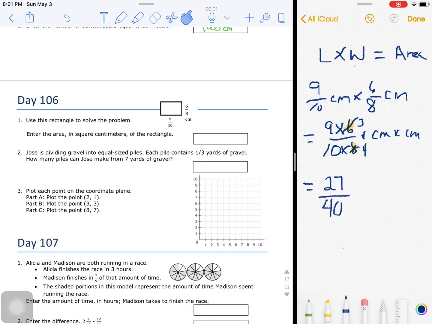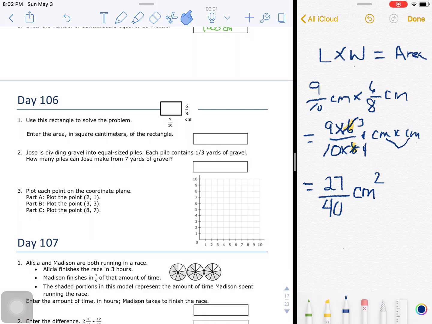And then, when we do centimeters times centimeters, anytime you multiply one factor by another factor that is exactly the same, we would square it. So centimeters times centimeters is centimeters squared, which you already knew because this was area.